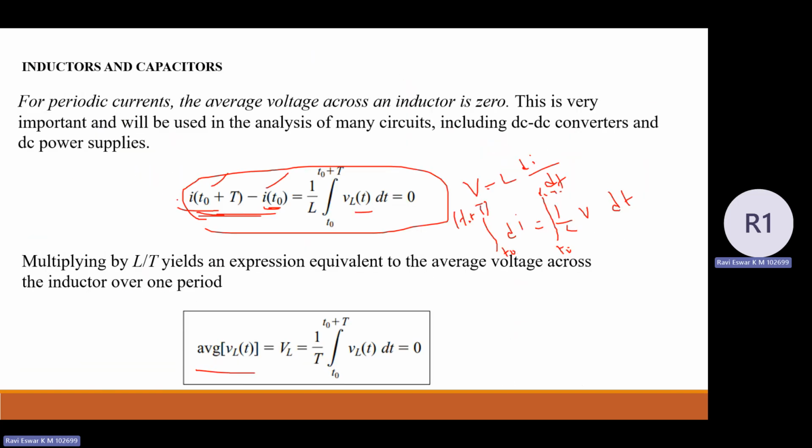So it is going to be equal, and from this I can say the average voltage across the inductor is equal to 0. It is valid for all converters.